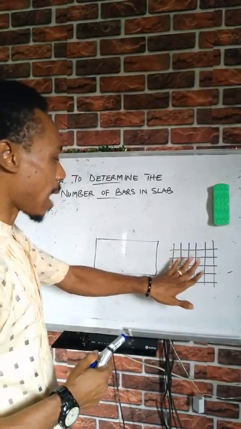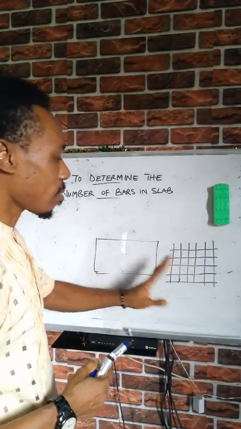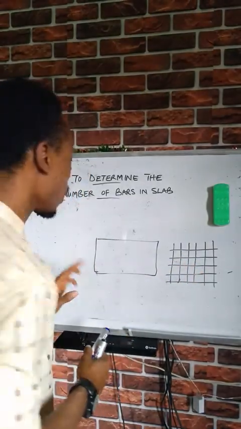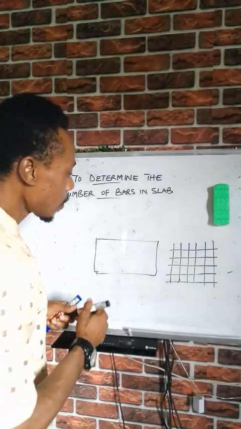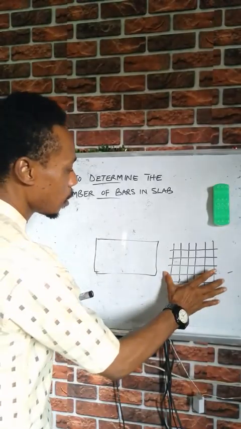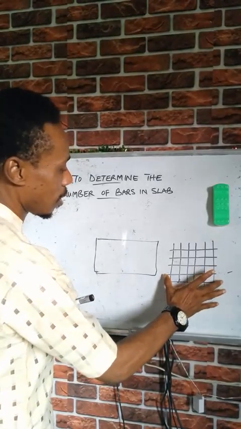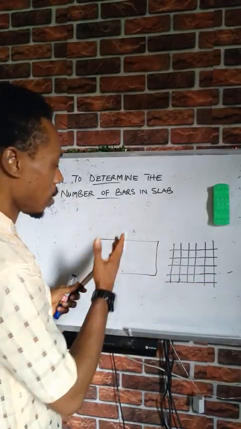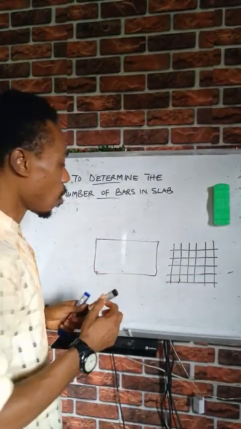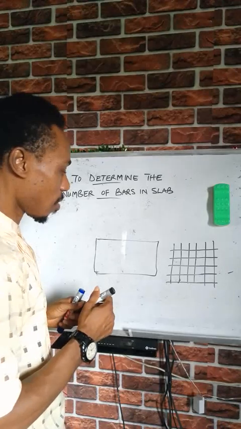So, like I said, this is how it looks in reality. This is the reinforcement mat for our slabs. But ordinarily we cannot be showing this in this form in the presentation of detailed reinforcement.